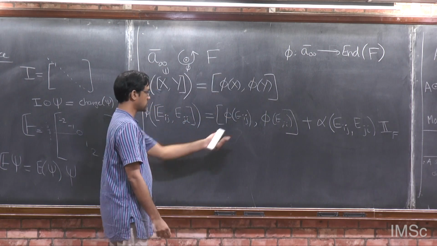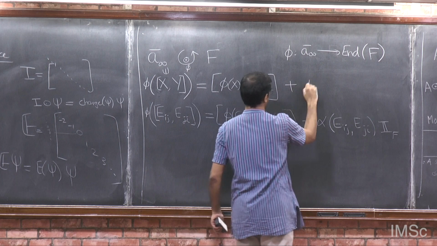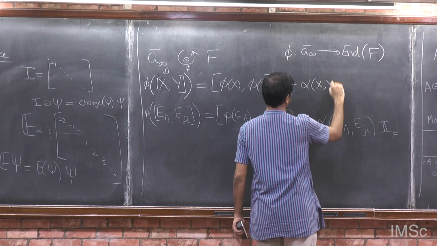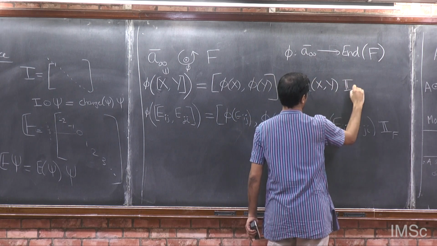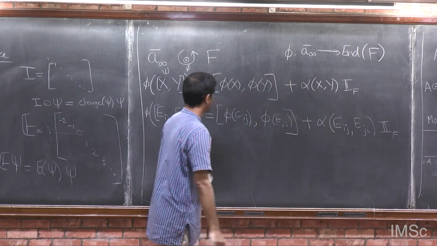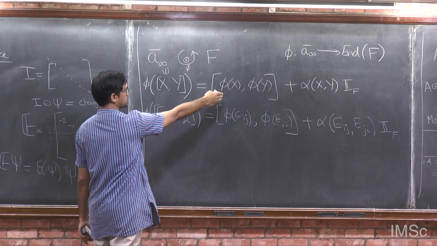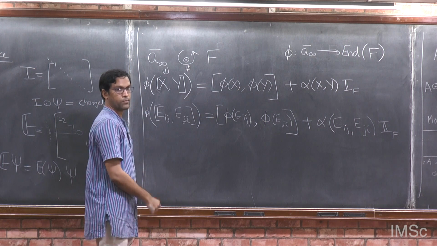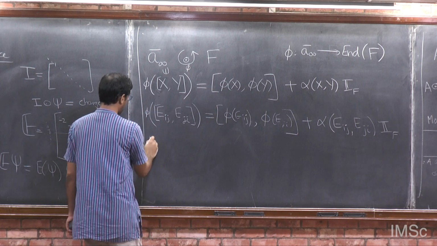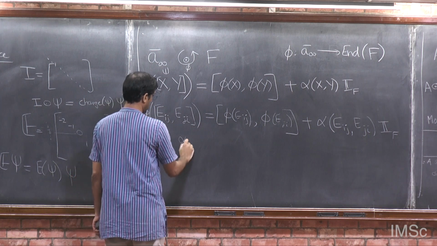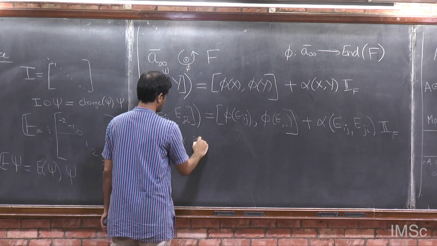So this is just alpha xy, but the general answer is this. There is a function alpha such that phi of xy is this plus alpha xy times the identity operator, just off by a 2 cocycle, where alpha is a certain 2 cocycle.